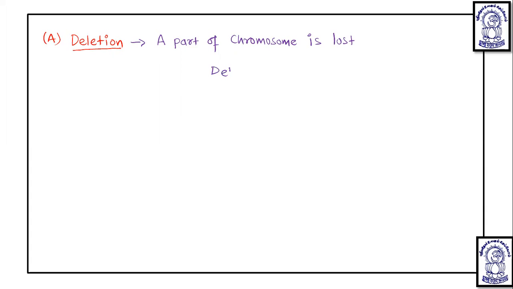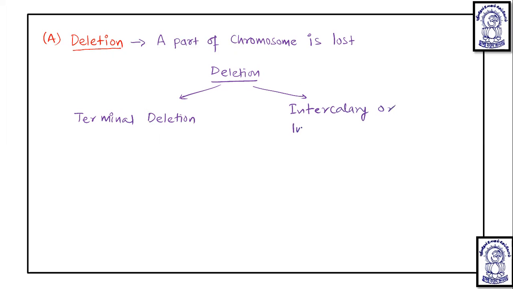So this deletion is of two types: either a terminal deletion or an intercalary or interstitial deletion.